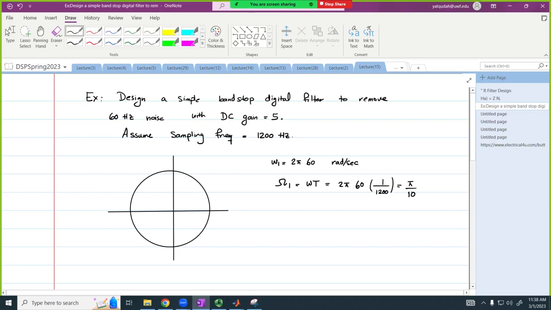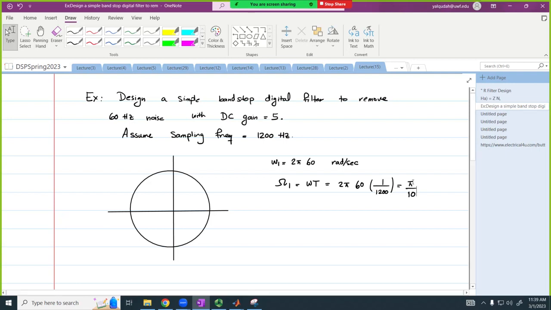Is that clear? We have a continuous frequency. I'm sampling it every 1 over 1200 seconds. Therefore, after I sample it, I'm going to have a discrete sinusoidal signal that has a frequency omega 1 that is equal to omega T, which is pi over 10. That's how the discrete time filter, my digital filter, is going to be seeing this signal.